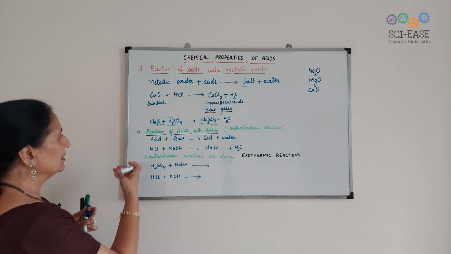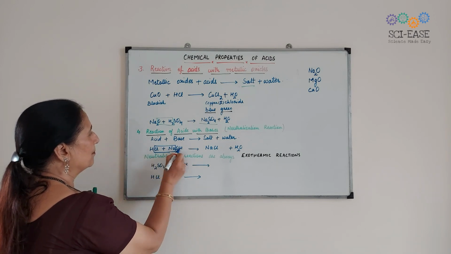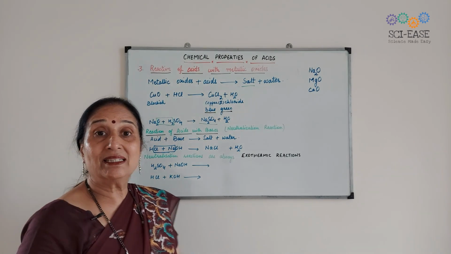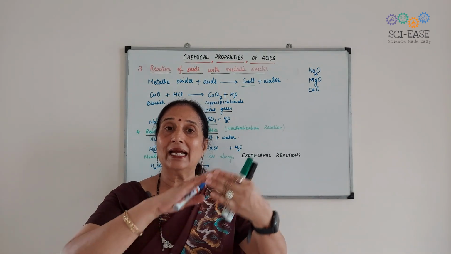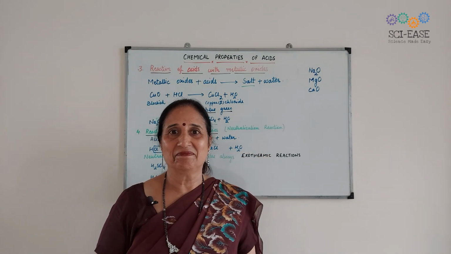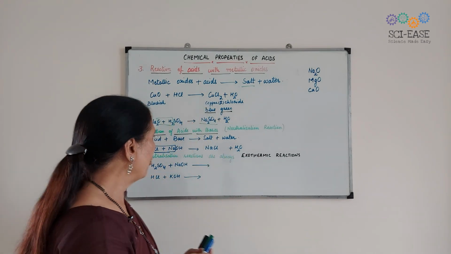What will be the result? This will result in the formation of NaCl plus water. These are neutralization reactions, that is, the acid and the base effects are cancelled. So salt and water will be formed.